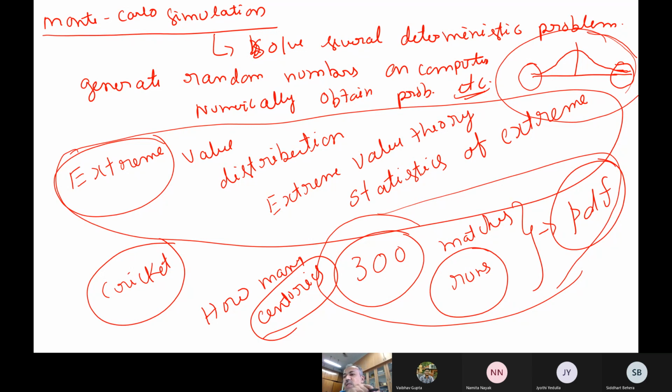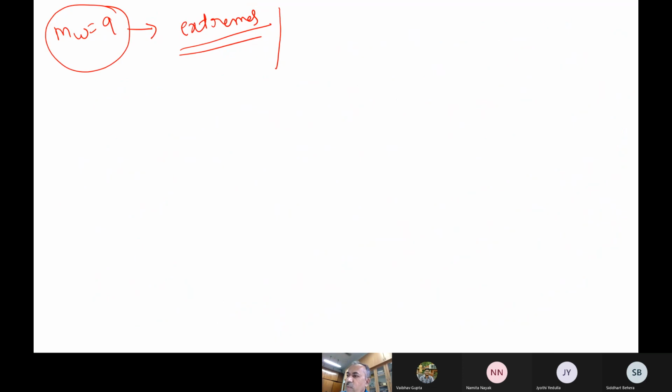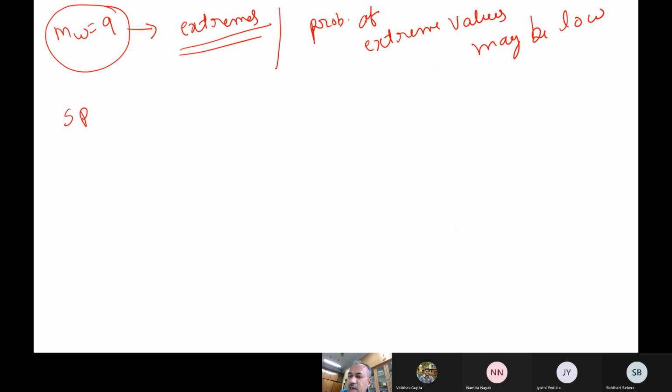That's why extreme value theory comes into the picture. If you mix up the whole data, you may be underestimating the probabilities of getting extreme values. So in probability theory, what they generally do is split the data into two pieces.